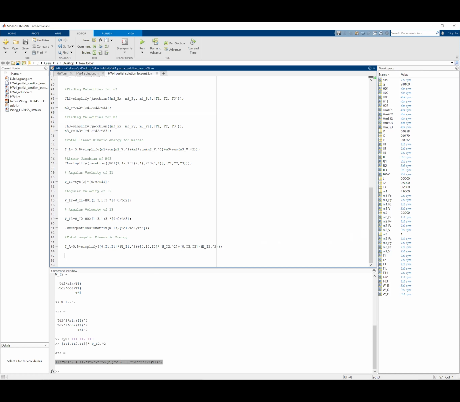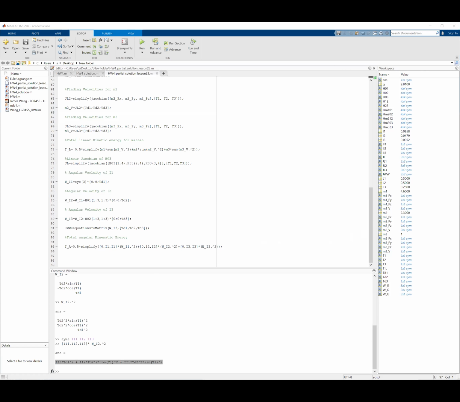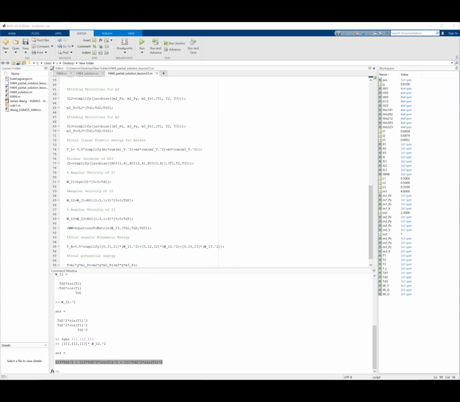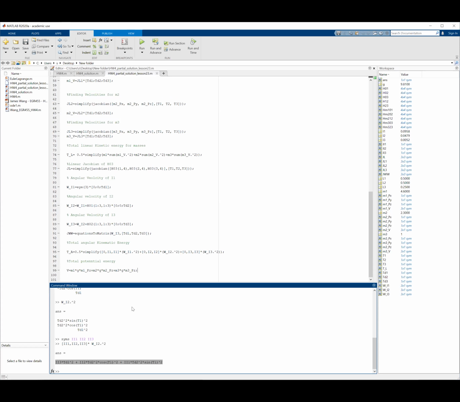The next step is, I want to find out the total potential energy. I'm going to copy this over here, and I will actually send this in the chat window. So please take a look.